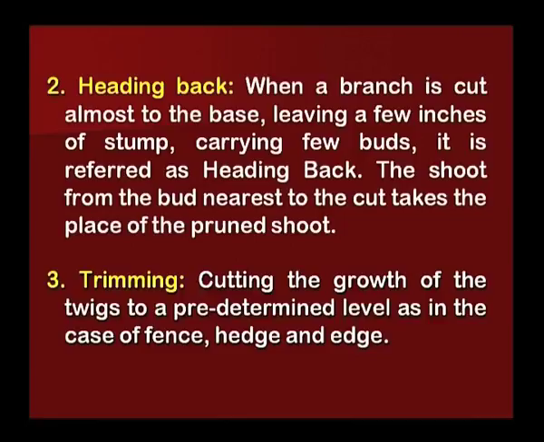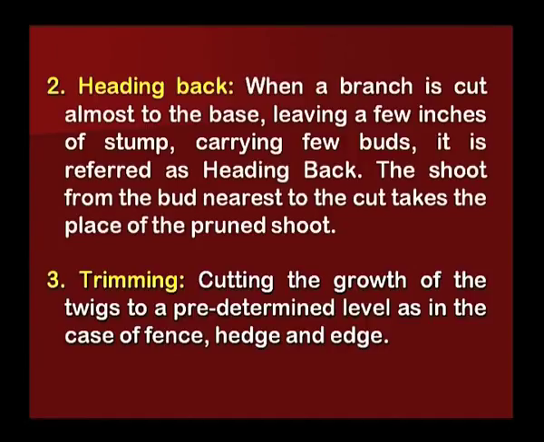Heading back. When a branch is cut almost to the base, leaving a few inches of stump carrying few buds, it is referred as heading back. The shoot from the bud nearest to the cut takes the place of the pruned shoot.